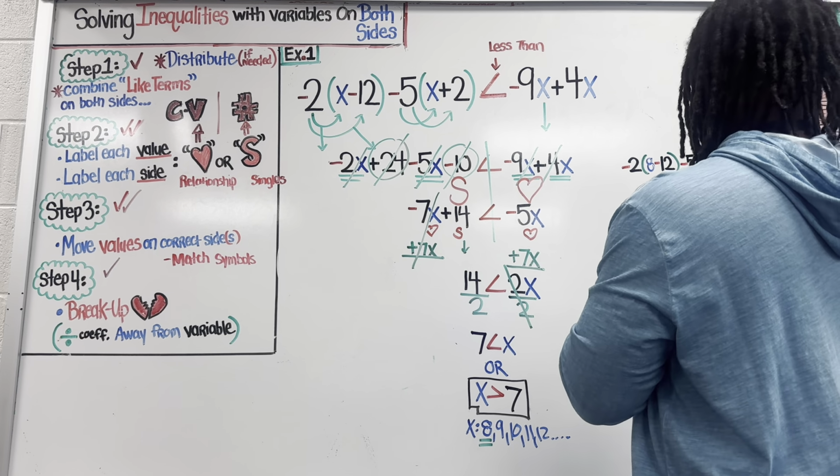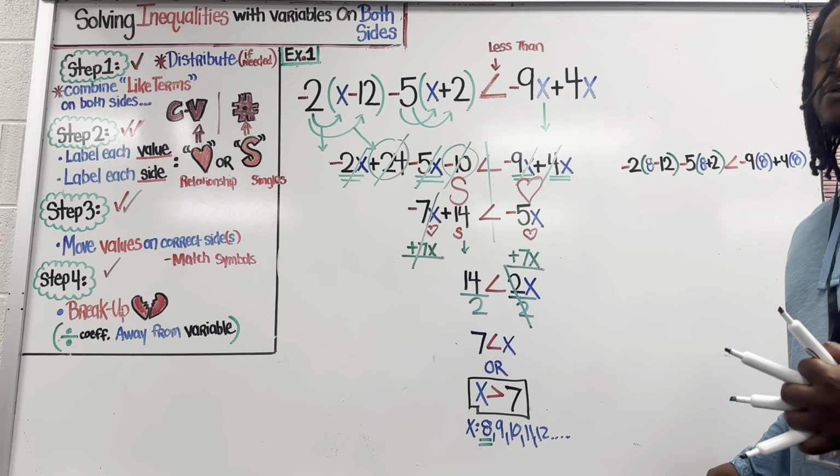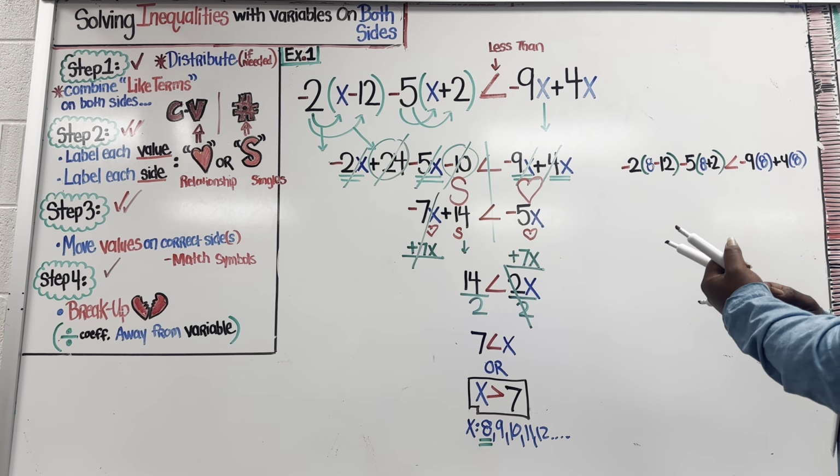Okay, so once again, guys, if plugging in the value of 8 as x makes this whole inequality true, then that proves that the answer that I have is true, okay? And I can do the same thing with all these other values. So let's try it out, guys. Remember, order of operations, we have to solve what's in the parentheses first.